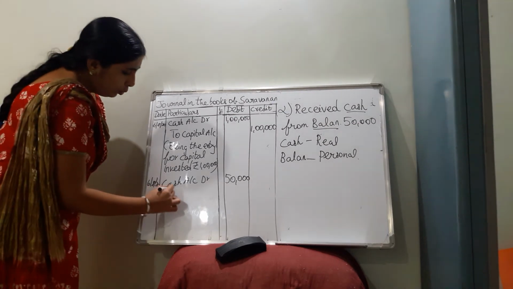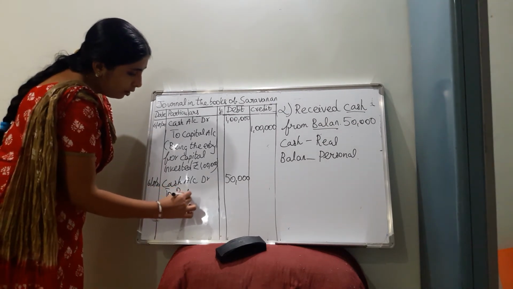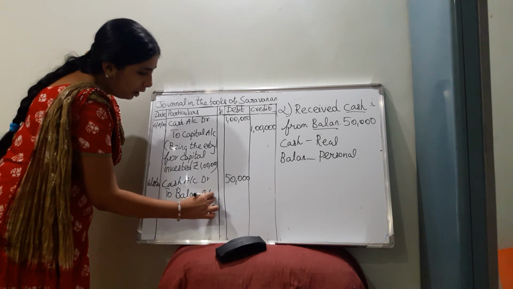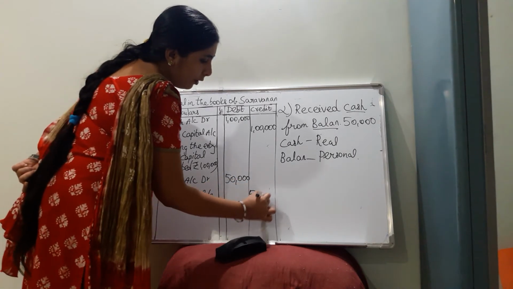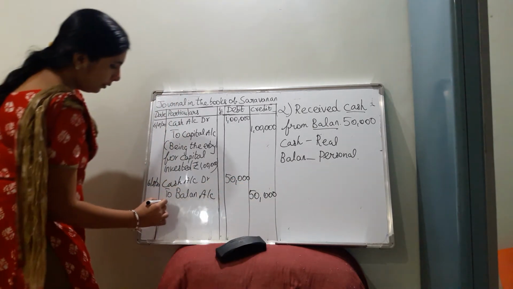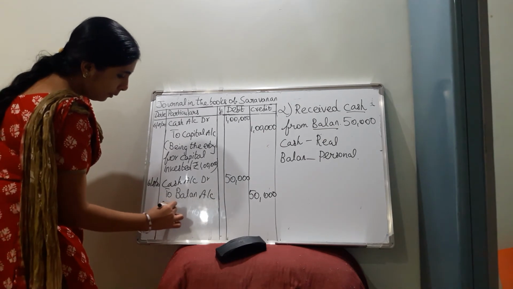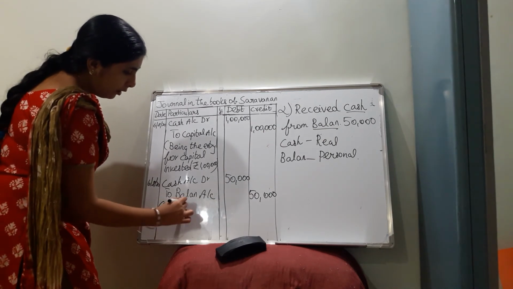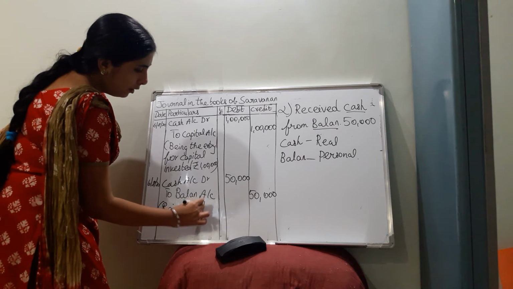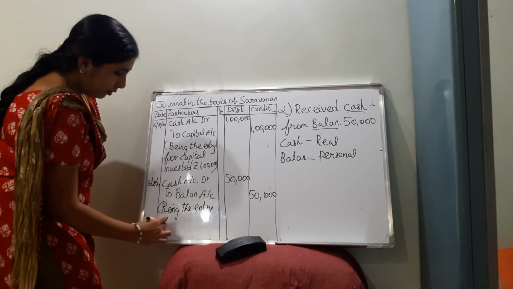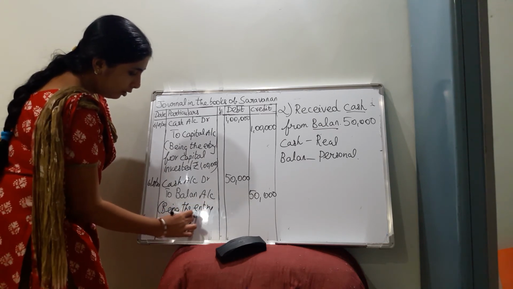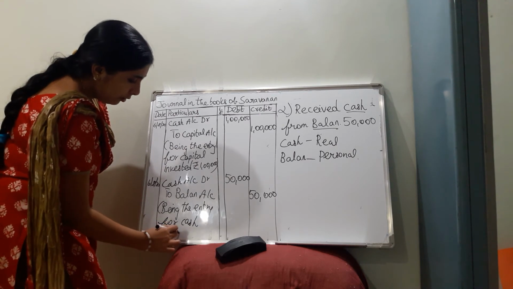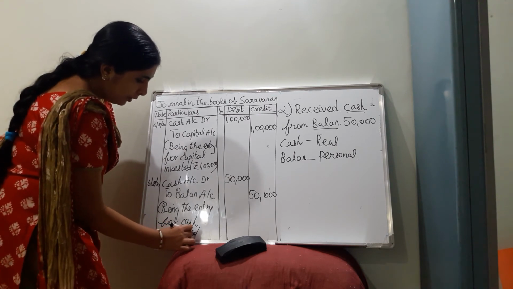So, to Balan account, again 50,000, being the entry for cash received.